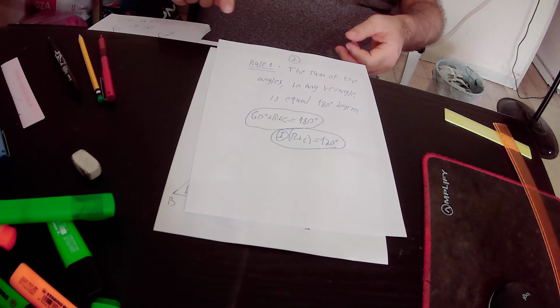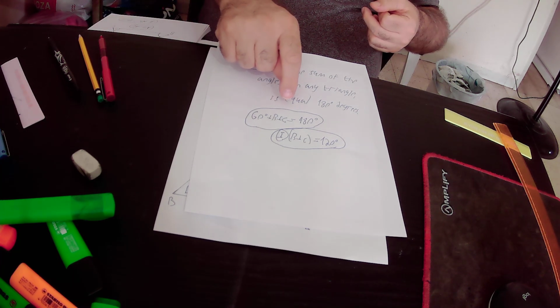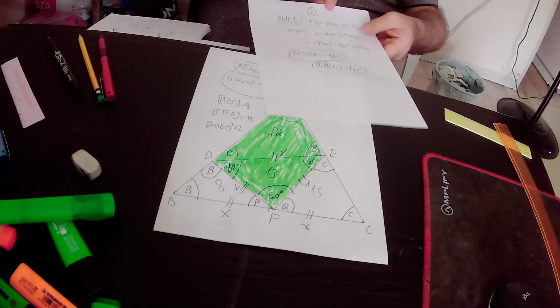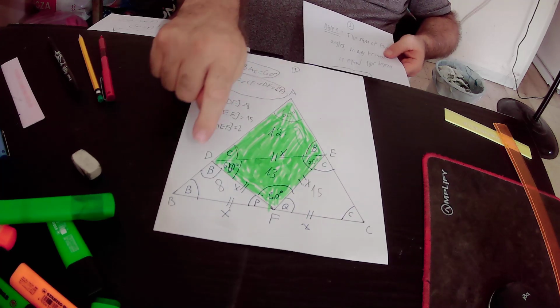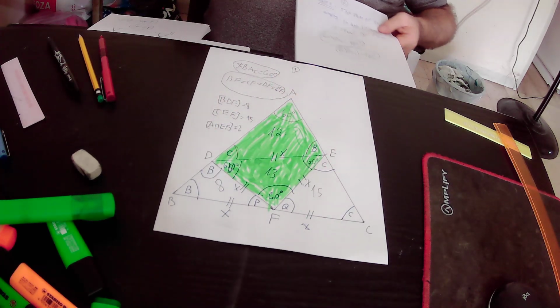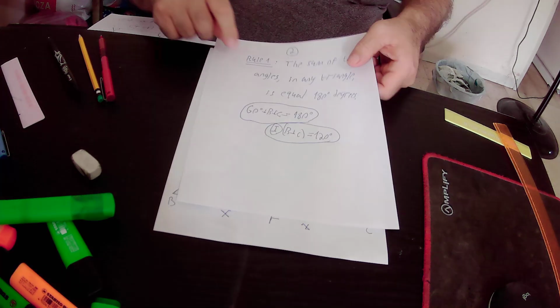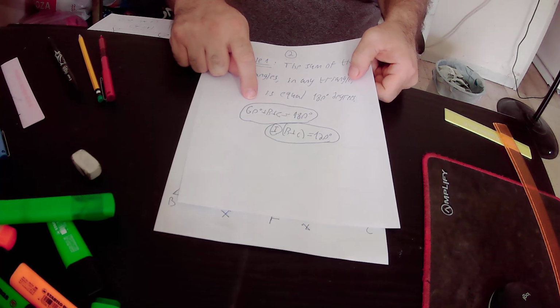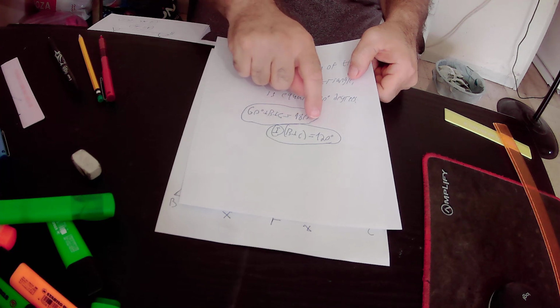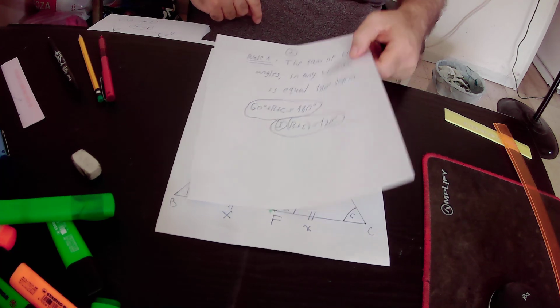That is to say, 60 degrees plus angle B plus angle C equals 180 degrees. We subtracted 60 degrees from this equality, and we got that B plus C equals 120 degrees.